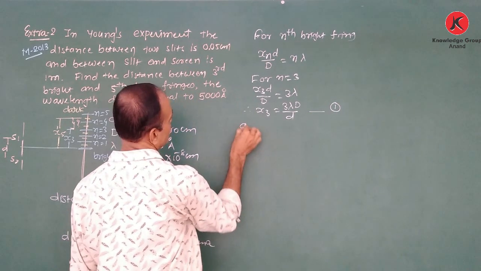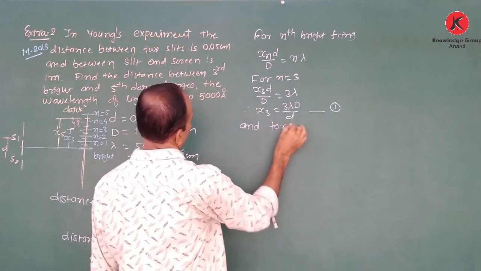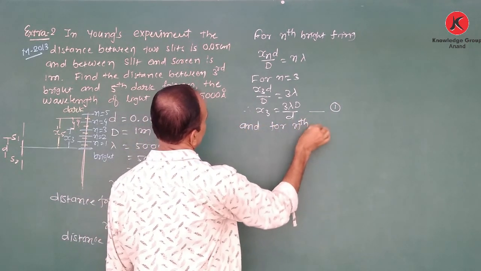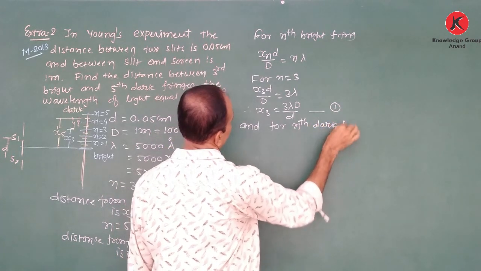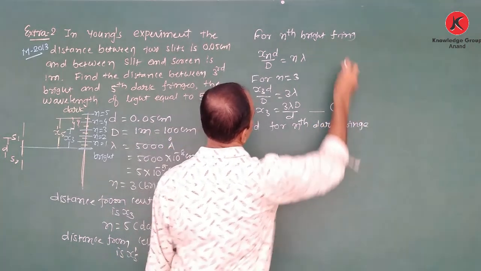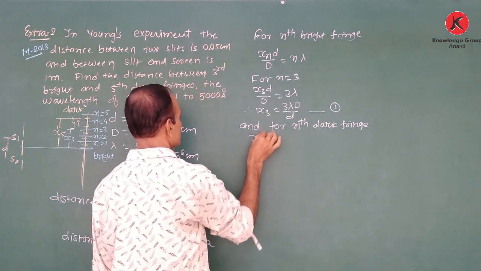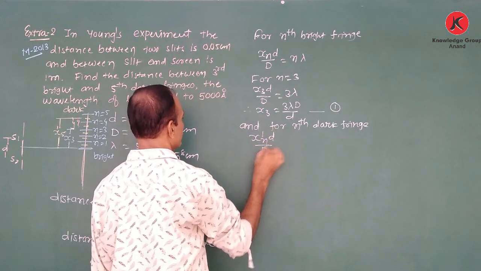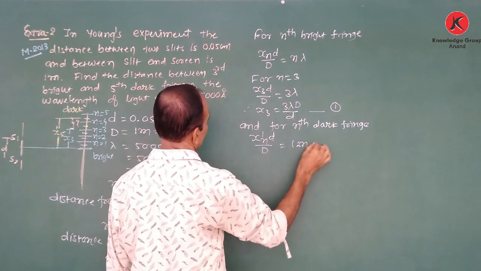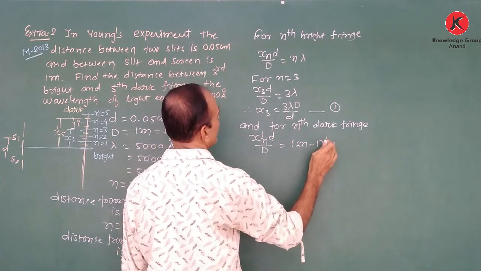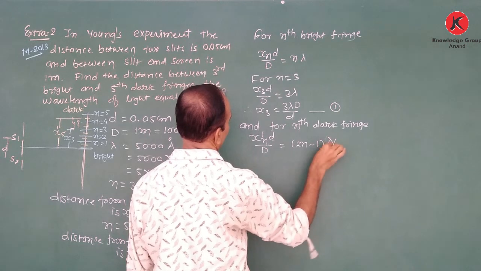And for dark fringes, there is xn dash d upon capital D is equal to (2n minus 1) into lambda by 2.